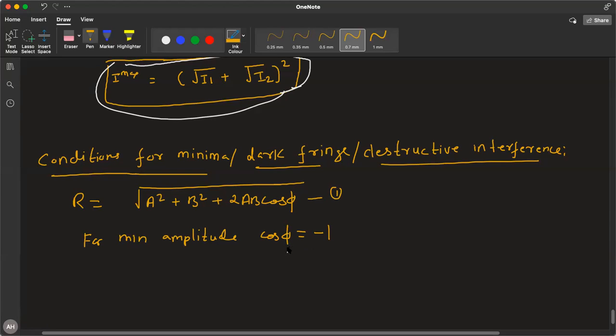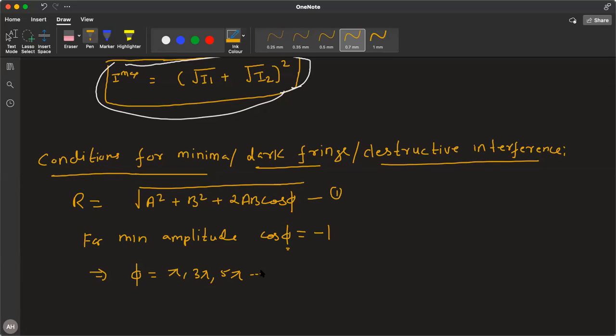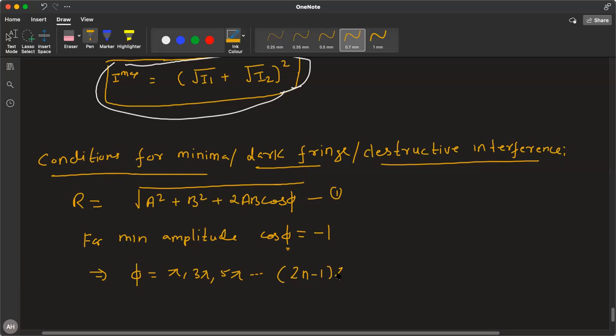Now I need the angle for which cos phi is -1. So cos phi is -1. This implies that your angle should be 180 degree, which is pi, or 3 pi, or 5 pi. So all odd multiples of pi will give -1. Or in general, you can write this as 2n minus 1 pi.